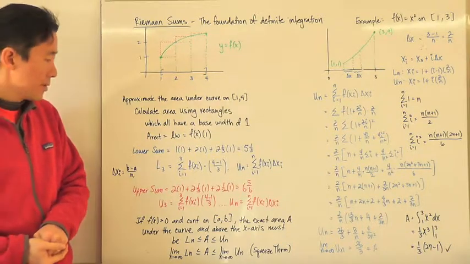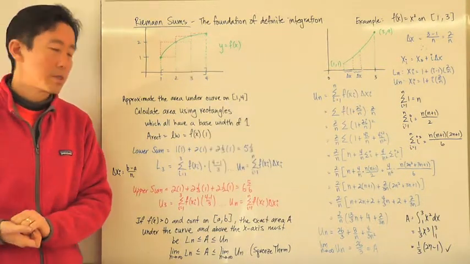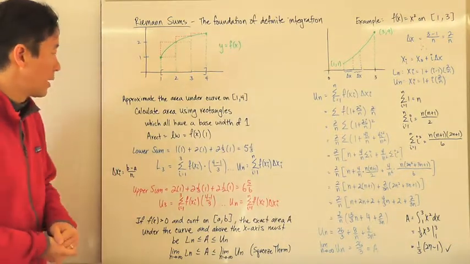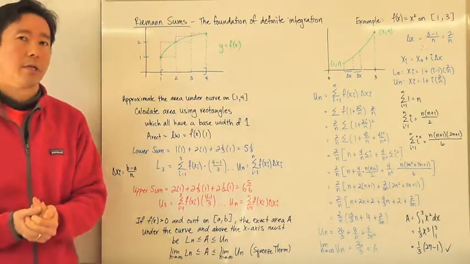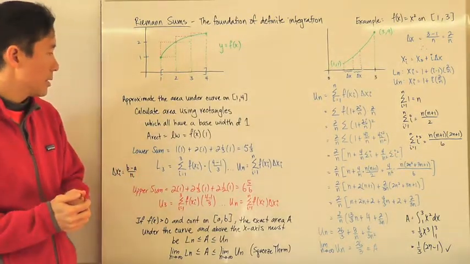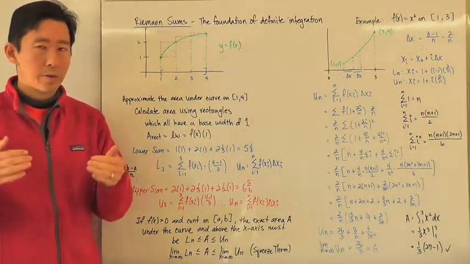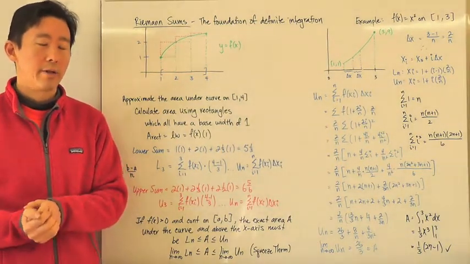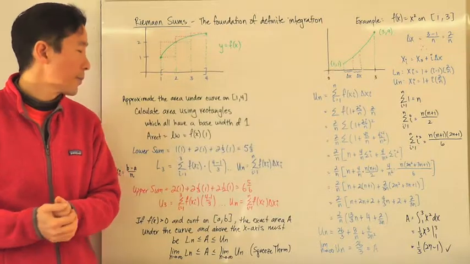Okay, so I'm going to talk about two things: what is called the lower sum, and the upper sum. The lower sum, as it sounds, is a sum of the areas of rectangles whose sum is going to be less than the exact area under the curve.